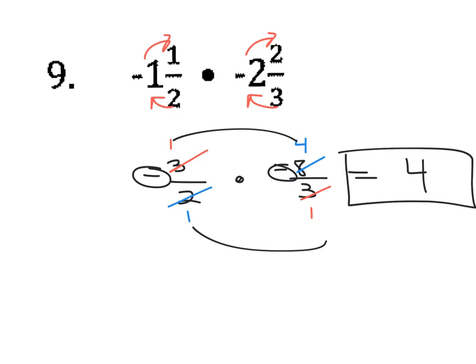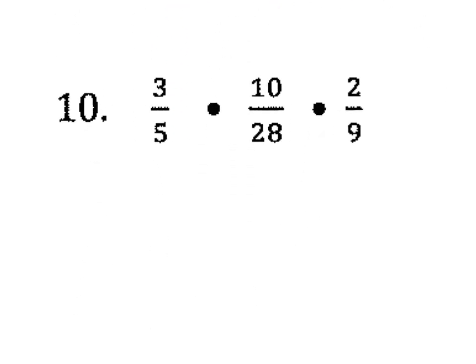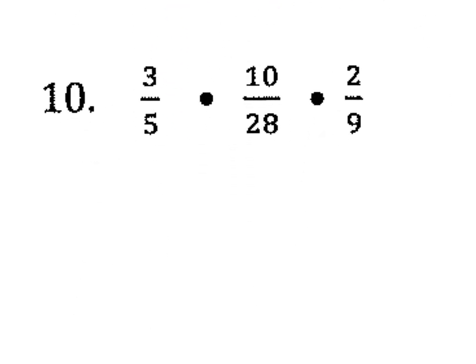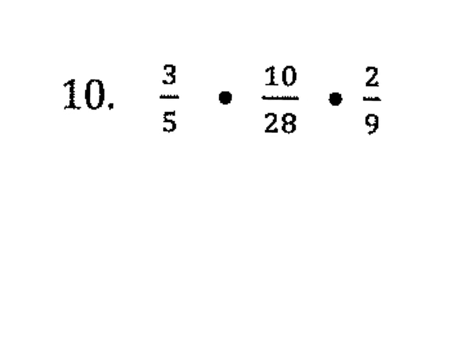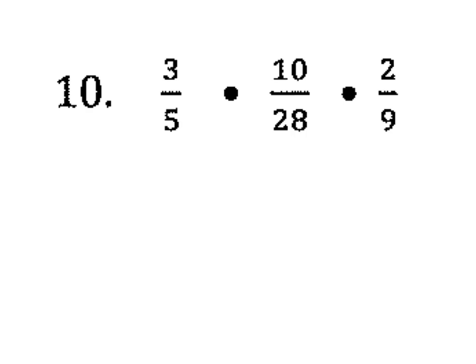Okay, for number 10. 3/5 times 10 over 28 times 2/9. Now, even though we have three fractions we're multiplying, don't be alarmed. We just are going to simplify like normal, but remember we have to find a pair. Something on the top, something on the bottom that we can divide by the same number.